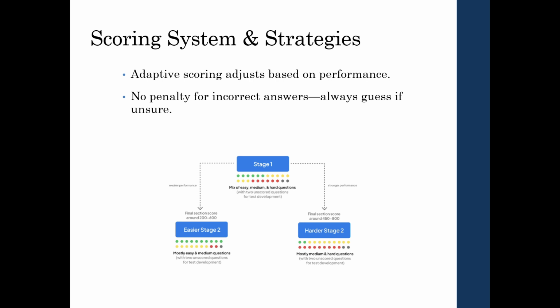So in digital SAT there's an adaptive scoring, which means the difficulty of the questions which you will have in module 2 in both English and math sections will be based on your performance of module 1. So if you do well on module 1, you will have more difficult questions in module 2, and you will also have a better chance to get a good score, a high score.